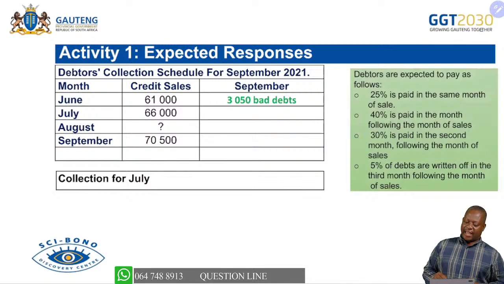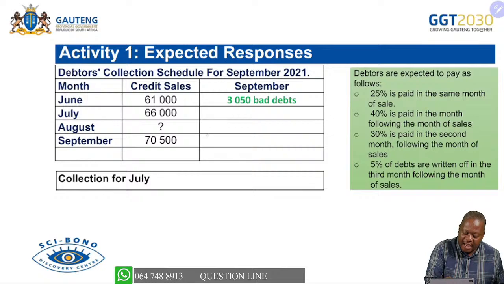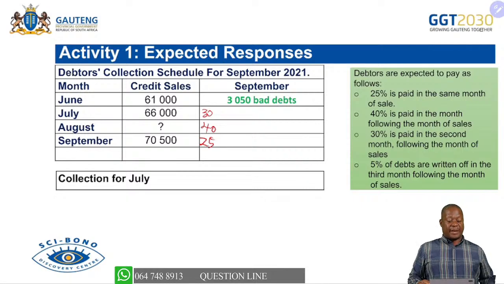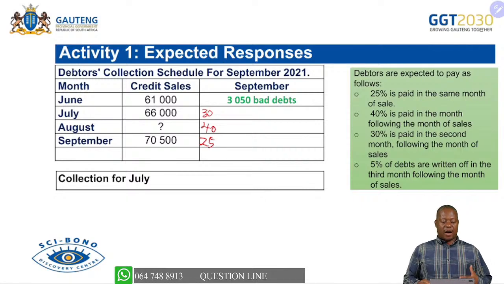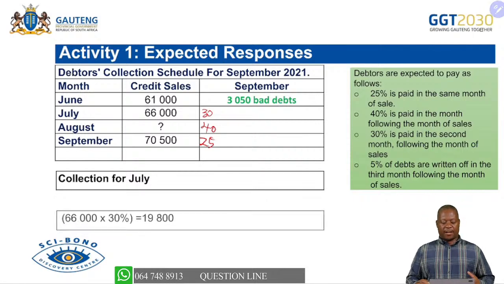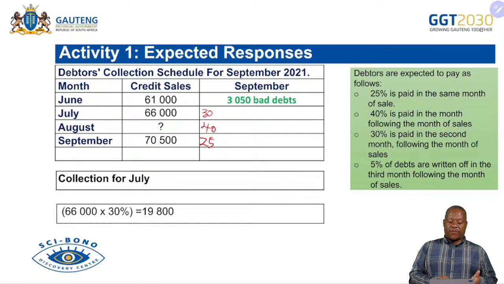Because we are given that 25% in the same month, I am going to repeat this. 25% here, 40% here, and 30% here, before the 5% that is bad debt. So how are we going to look into the collection for July? Collection for July is 30% of 66,000.